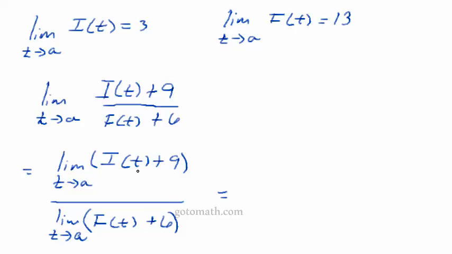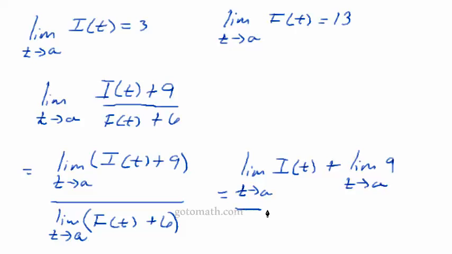because what we're going to need to do now is break this up even further to where we have the limit as t approaches a of I sub t, I hope I can write it all on this one line. I guess I will have to. Plus the limit as t approaches a of 9.